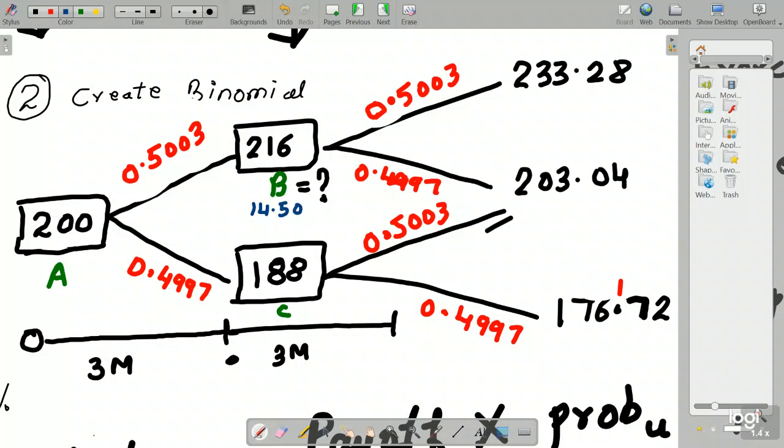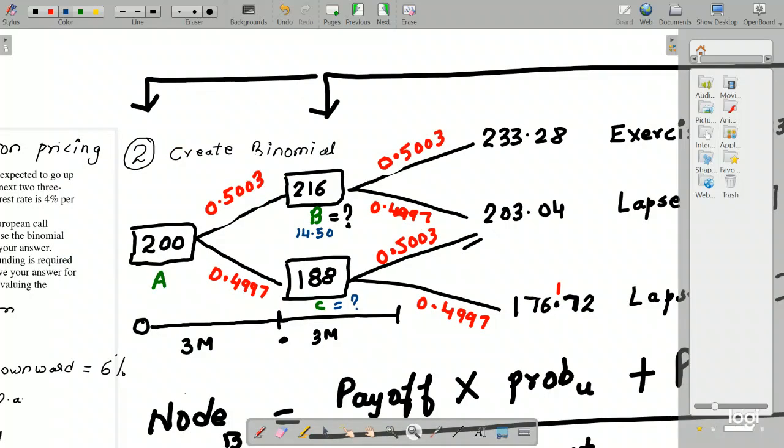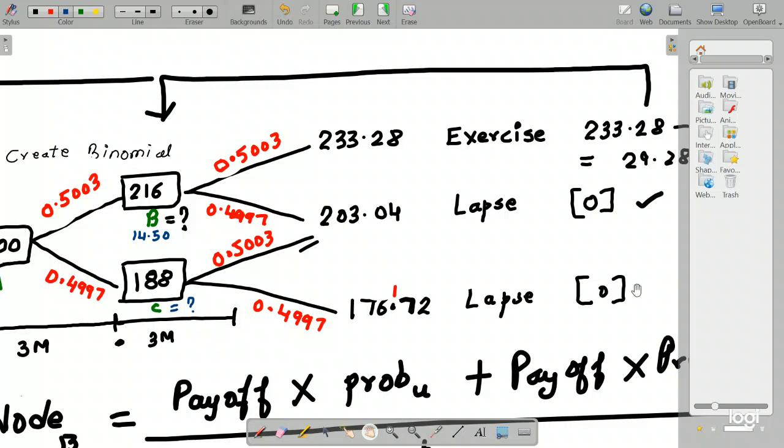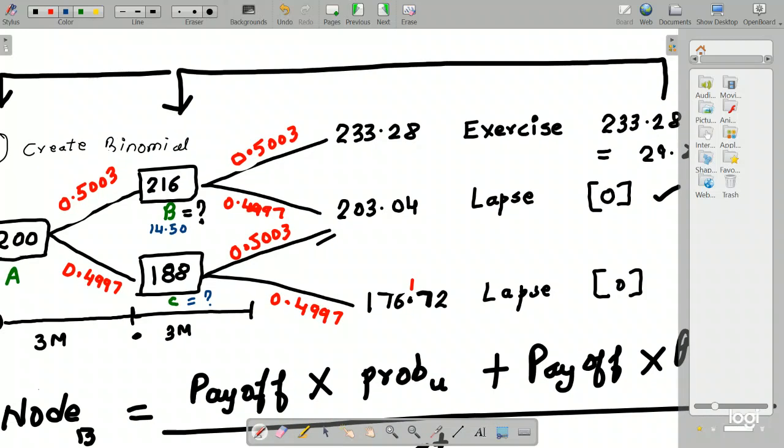Similarly, you are supposed to calculate the value at node C, but here in this question you can see that you are not at all exercising this contract. There is no payoff that is happening. You can see it is 0 and here also it's 0. So there is no point calculating the value at node C because it's of no use for you.